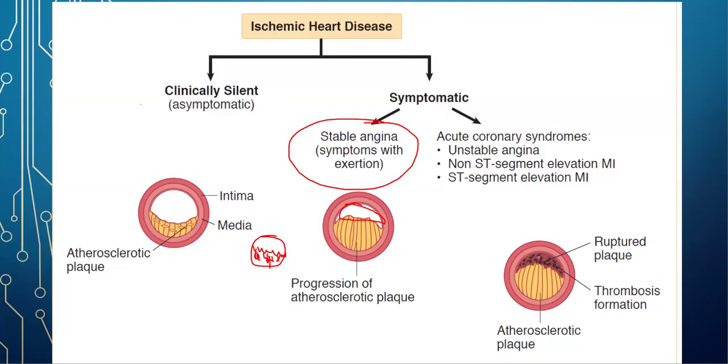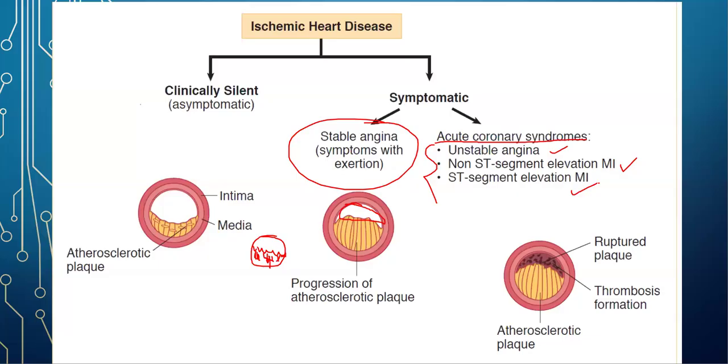Acute coronary syndrome is a medical emergency. There are three variations of acute coronary syndrome. One is unstable angina, another is non-ST elevated MI, and another is ST elevated MI.